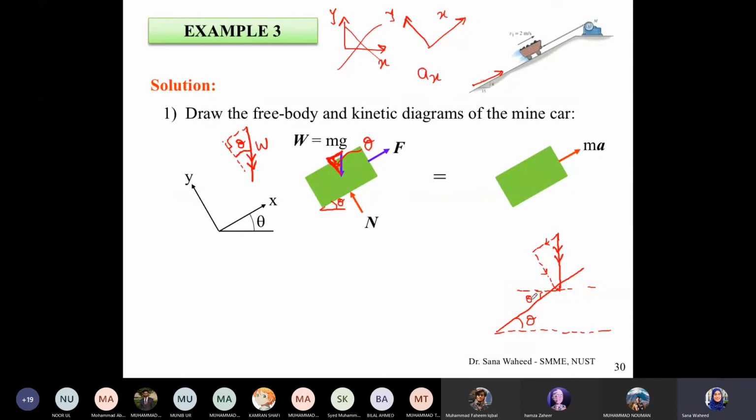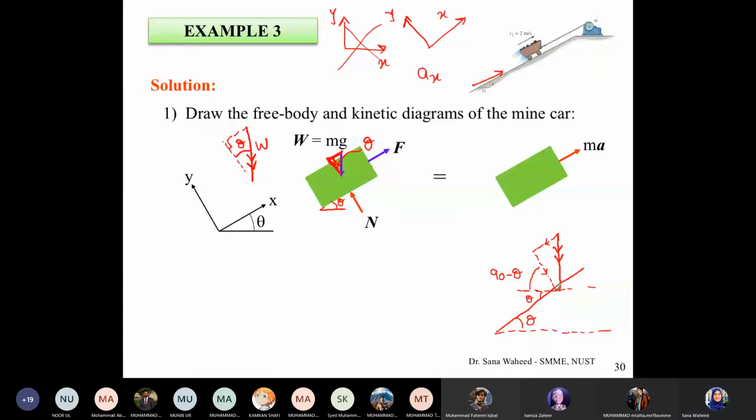And then if this is theta, and this component is perpendicular to this surface, then this angle would be what? 90 minus theta. 90 minus theta, exactly. If this is 90 minus theta, now come to this right angle.